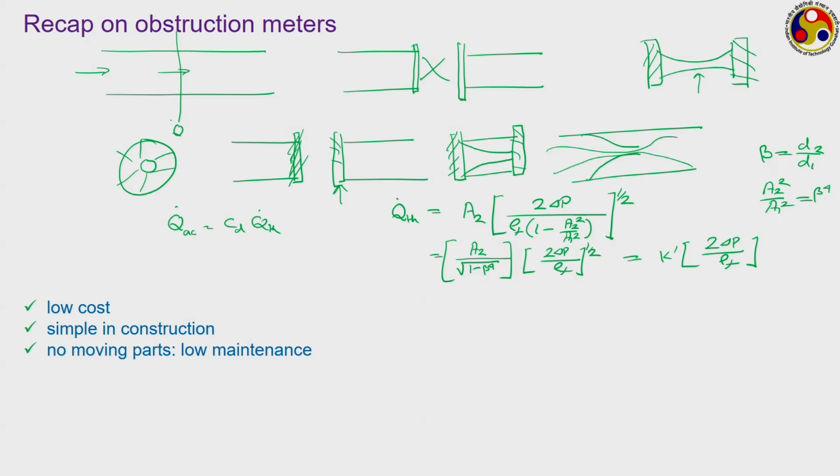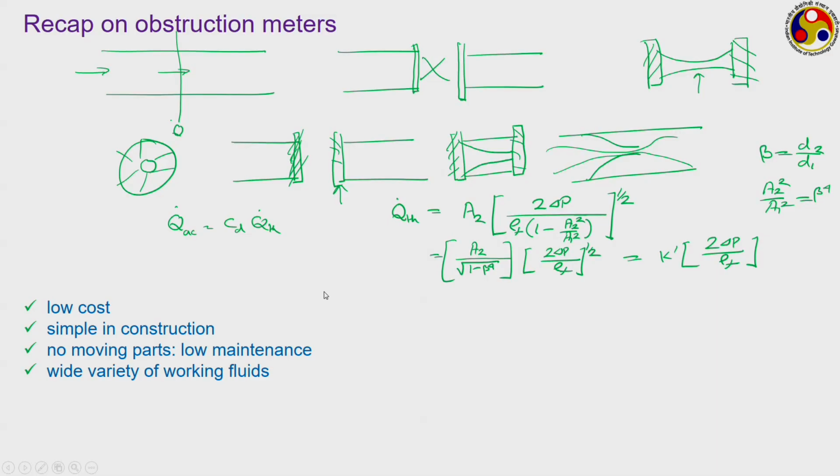None of them have any moving part, that is why their maintenance requirements are generally quite low, particularly for venturi meter and flow nozzle. However, orifice meter may require certain maintenance, particularly if we are dealing with some kind of fluid where there are solid suspensions, because those solid suspensions or dirt may easily block the throat, in case of an orifice meter.